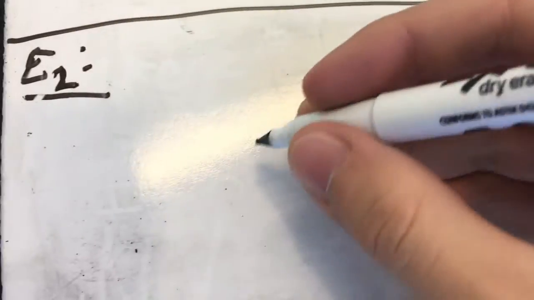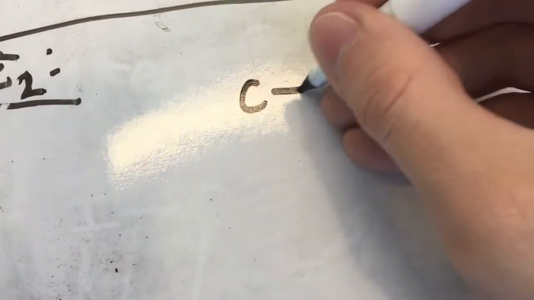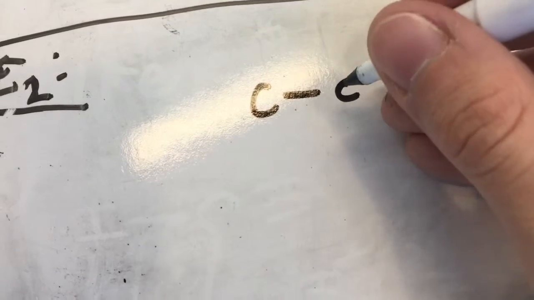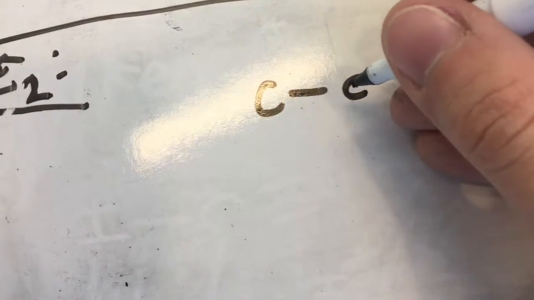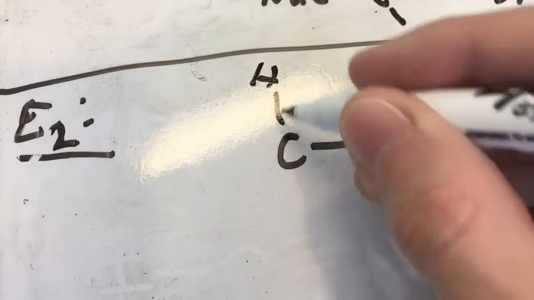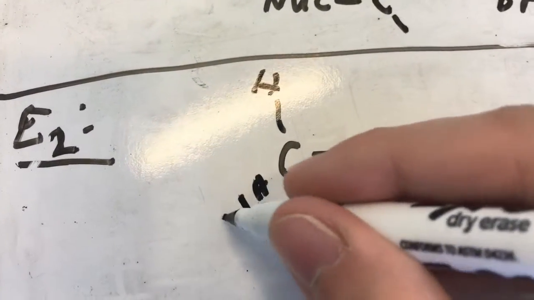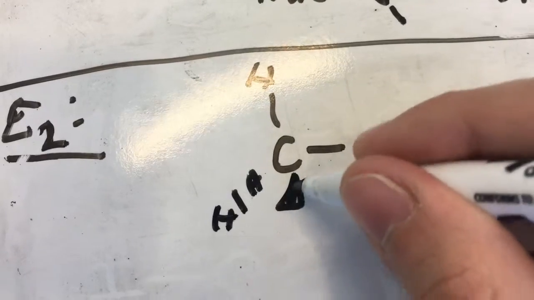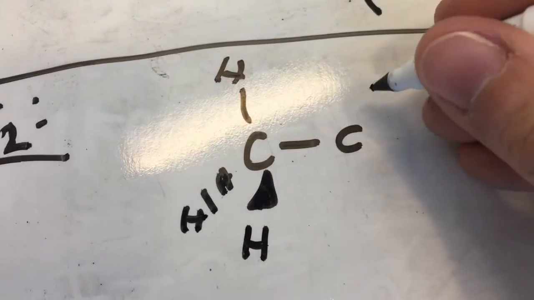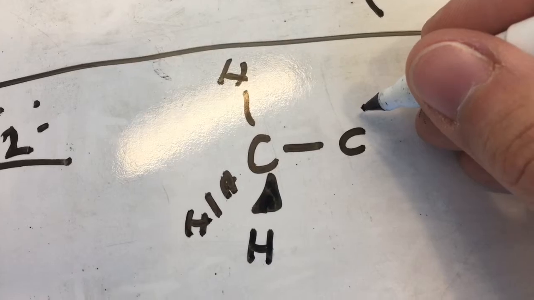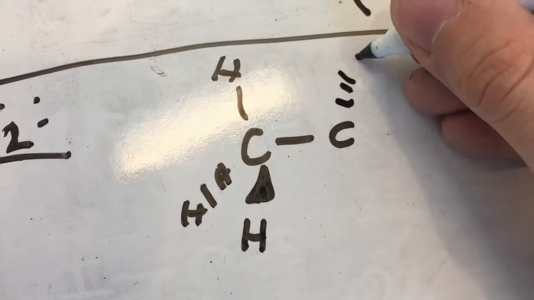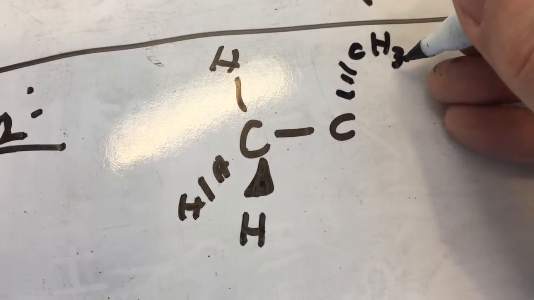Okay, so in E2, we have a carbon attached to a carbon, and let's do H, H, H, and then CH3.